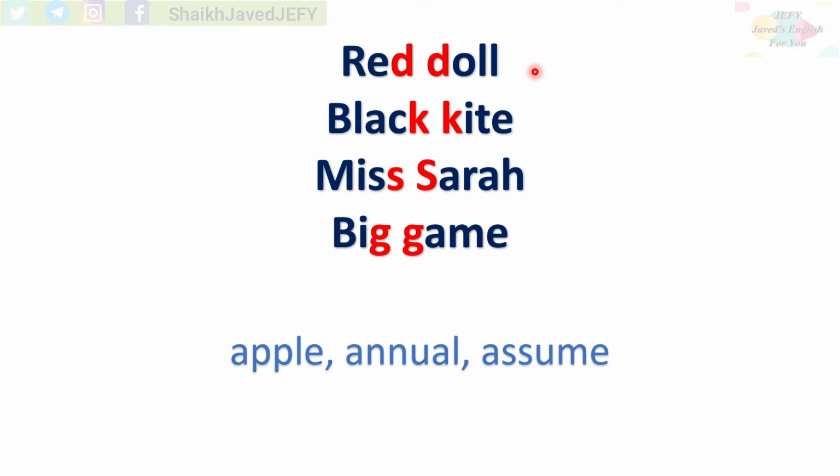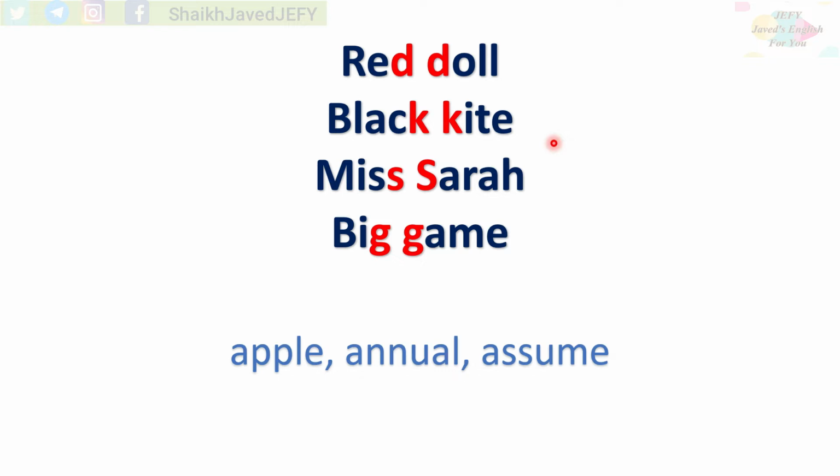In the next example we have black and kite. If you try to pronounce these words completely, you will not be able to link these sounds. If you say black kite, there would be a slight pause between black and kite.